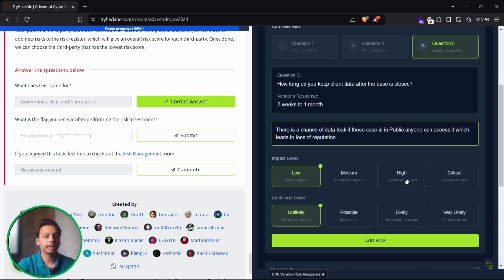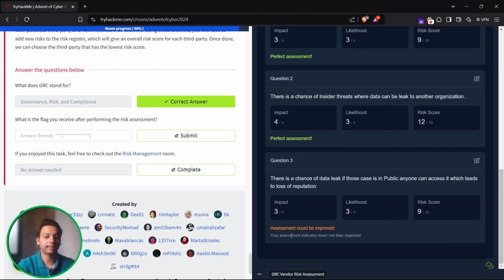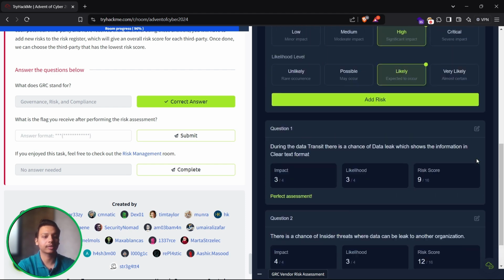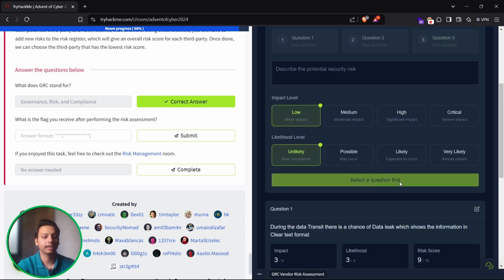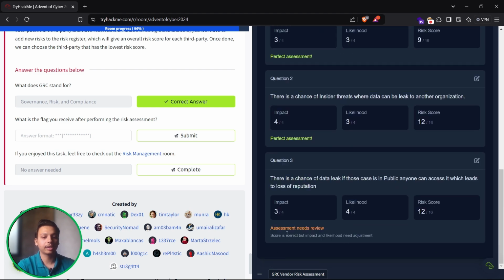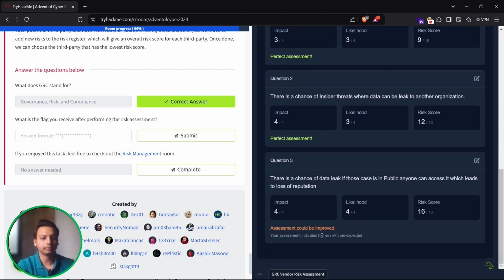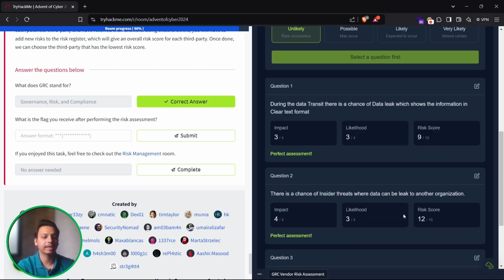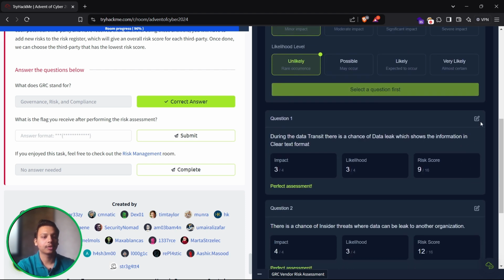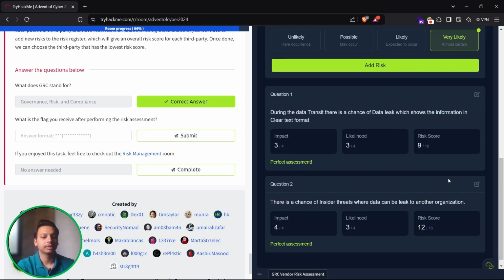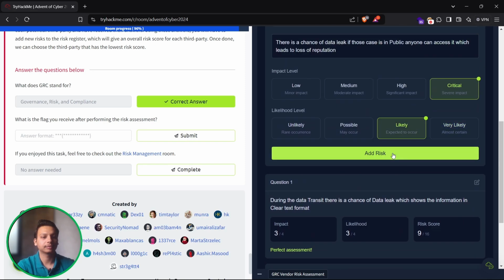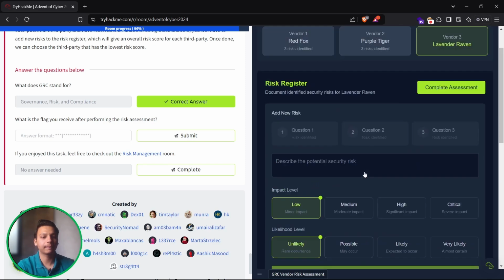So 1 month, significant high, expected to occur. Your assessment indicates lower risk, so it is completely very likely. The score is correct, but the impact and likelihood just need adjustment, so let me make it critical. Your assessment indicates higher risk than expected, so over here we have to change it to higher or likely. Yeah, this is the perfect assessment.